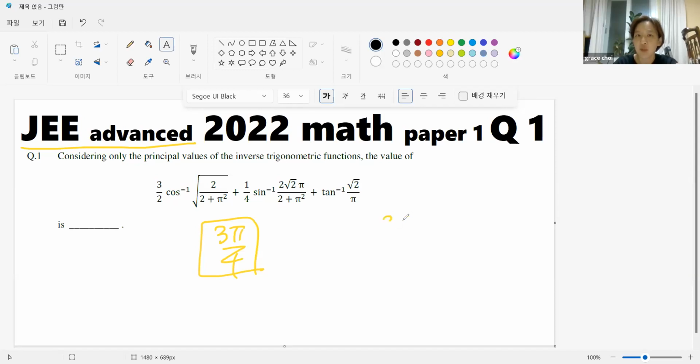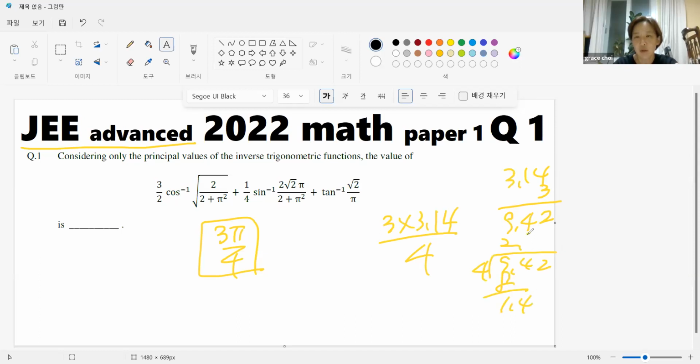So approximately 3 times 3.14 over 4: 3.14 times 3 is 9.42, divided by 4, approximately 2.36. That's the answer.